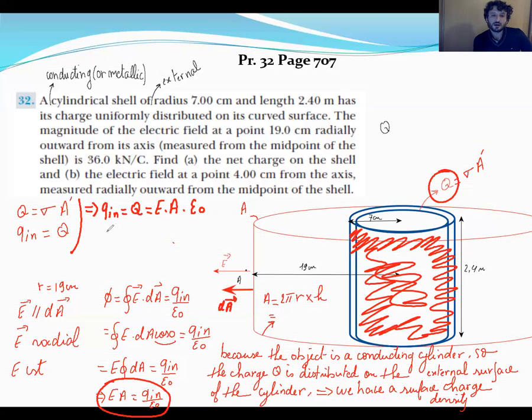Okay, Q equals E equal 36 times 10 power 3, times A of the cylinder, which equals 2 pi r h, with pi equal 3.14, r equal 19, it means 1.9 meter, times h equal 2.4.